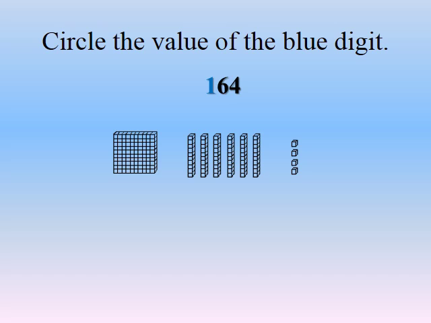I have 1 hundred, 6 tens, and 4 ones. I need to decide what the value of the blue digit is. The blue digit is the 1. Here's my ones place, my tens place, and my hundreds place. So the blue digit is in the hundreds place.